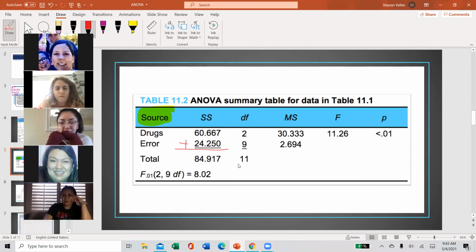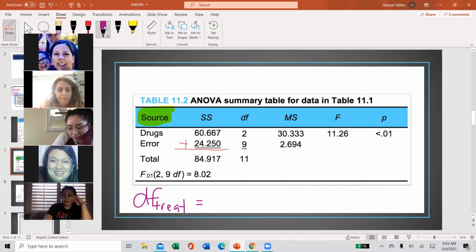I'm going to write down these formulas here because I didn't put this on the slides. Degrees of freedom treatment, I'm going to stay with treatment because that's the most generic term, but here they're using drugs, so they might say DF drugs.